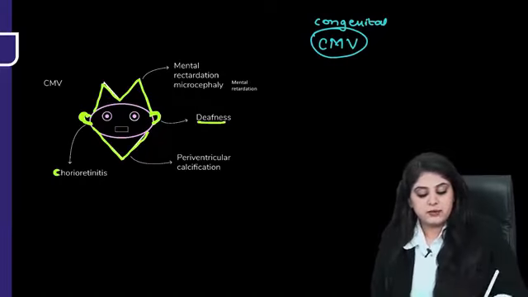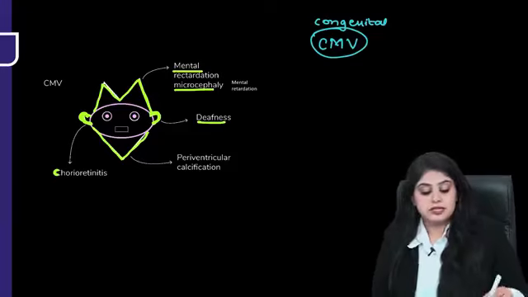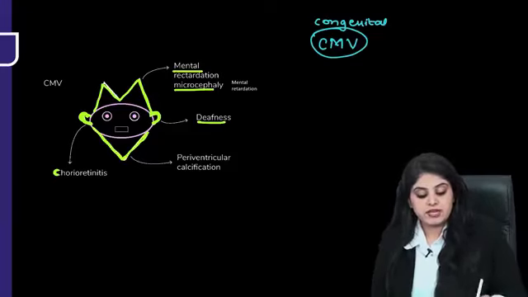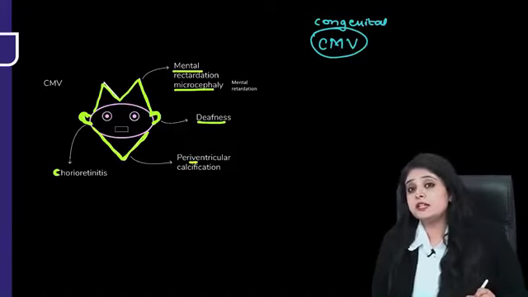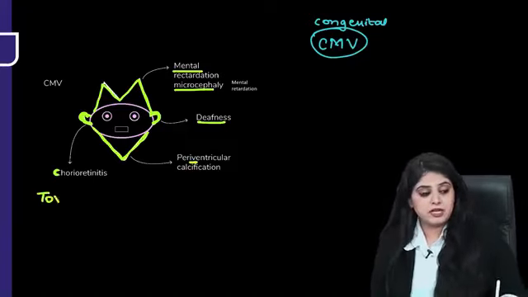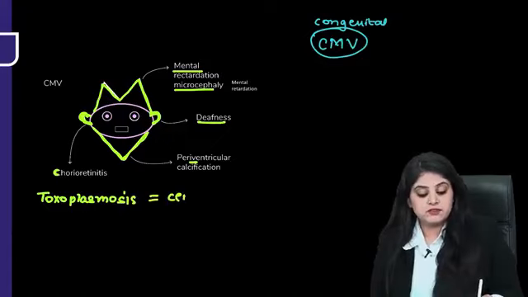Next, what is this M going to be? Mental retardation and microcephaly. M is sorted. V will tell me which kind of calcification, parenchymal or cerebral calcification or periventricular calcification. Why am I telling you that? Because the same features are seen in toxoplasmosis also. Toxoplasmosis shows you the same features, but over there we get cerebral calcification.